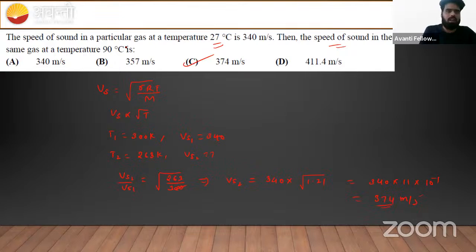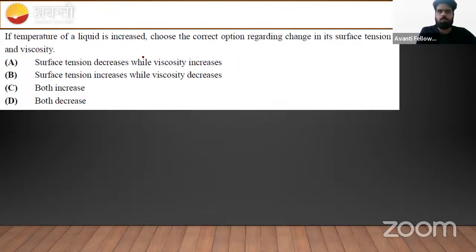Next, that is again an easy problem, the application of a fluid property. If we increase the temperature, what happens to viscosity? The viscosity of a liquid will decrease. Why does it decrease? Because viscosity happens because of the cohesive force of the molecules.